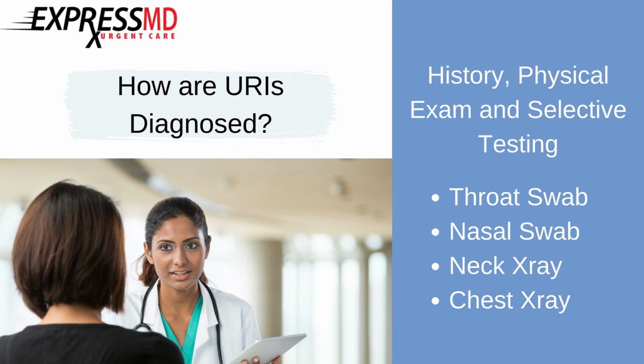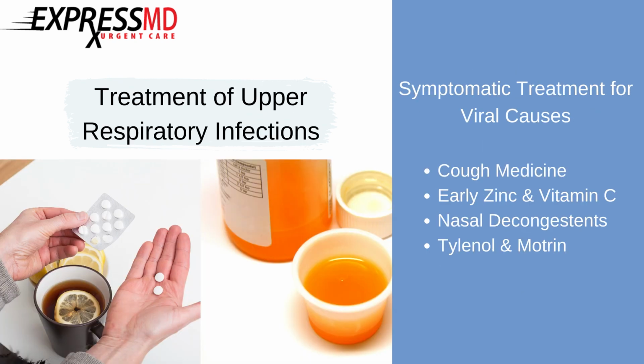So, once we have the diagnosis of the URI established, the next natural question is, how do we go about actually treating URIs? Well, URIs are mostly treated for symptom relief. Again, because 90% of URIs are viral in nature, antibiotics are not helpful for the majority of URIs.